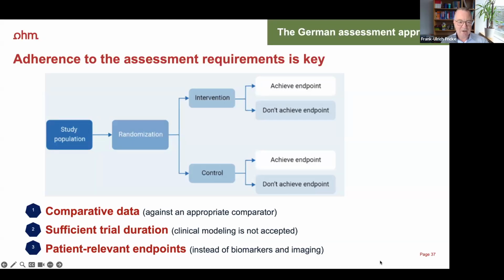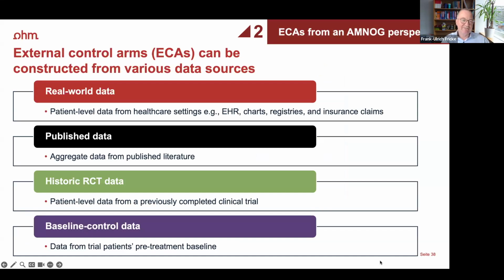Otherwise, you will have a hard time in reimbursement price negotiations, at least in many cases. And next, we are looking into external control arms as basically indirect treatment comparisons. I'm simply repeating what you saw already, so I can very quickly jump over that.